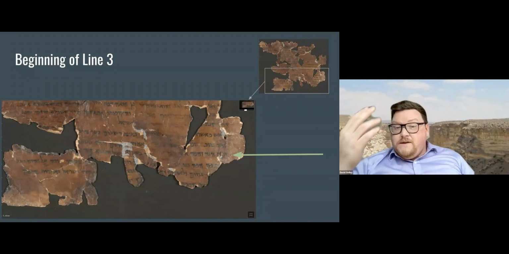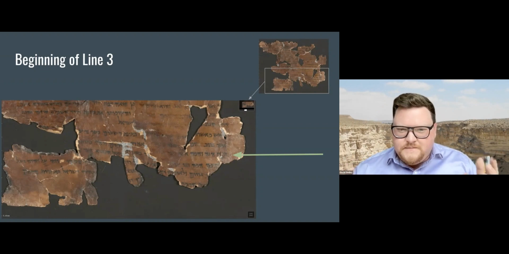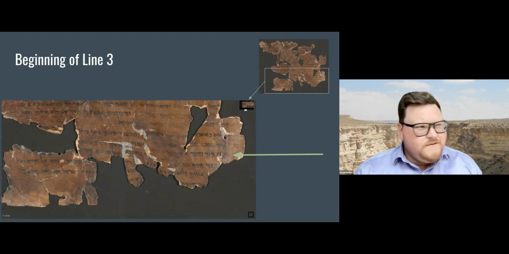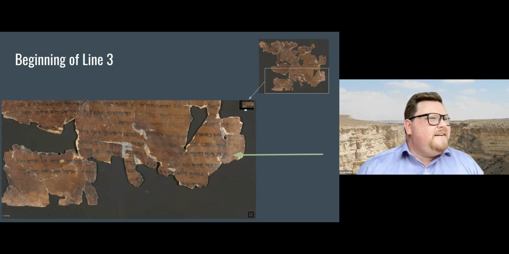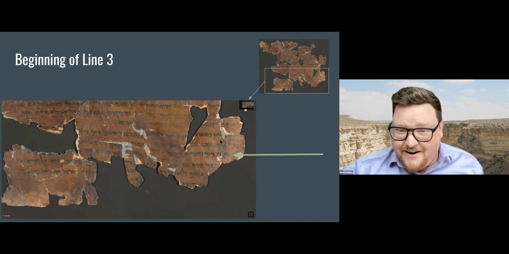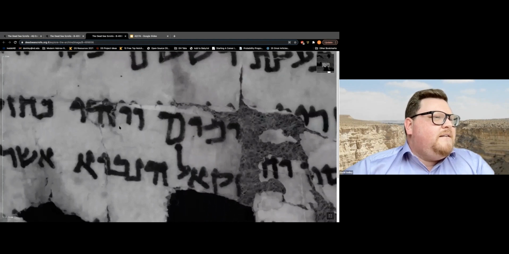But you all see the potential spelling mistake there. Right, you're mistaking these letters for each other, and luckily, we're not the only ones having that issue. It seems like the scribes are themselves also having that issue. So this is the beginning of line 3. And if we go to the infrared, we could see this a lot better.